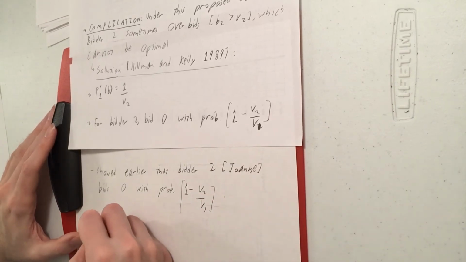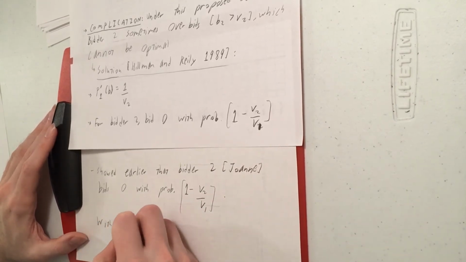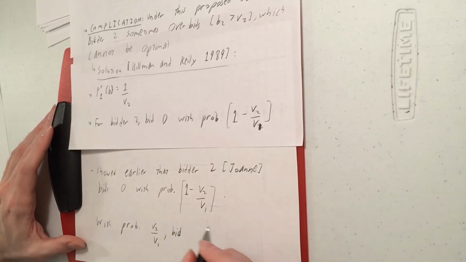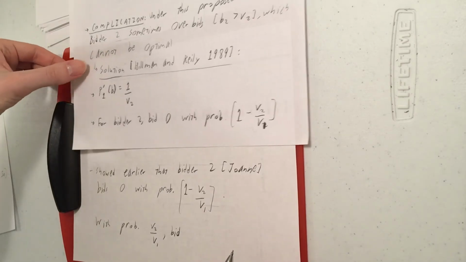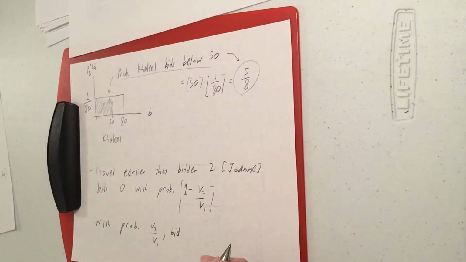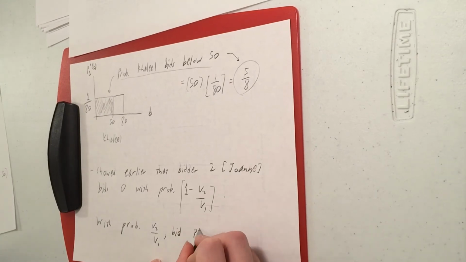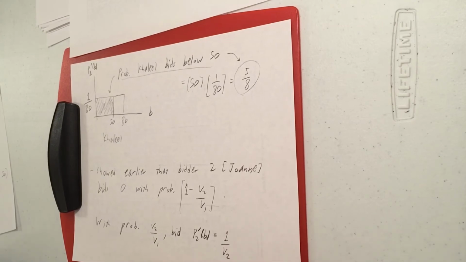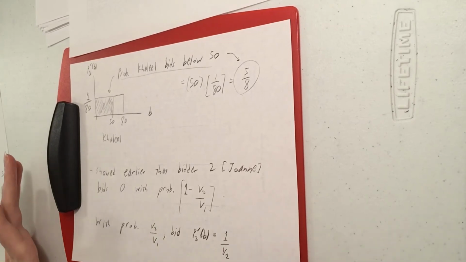And then with probability V2 over V1, Joanne's going to bid according to that same rule that we had earlier.